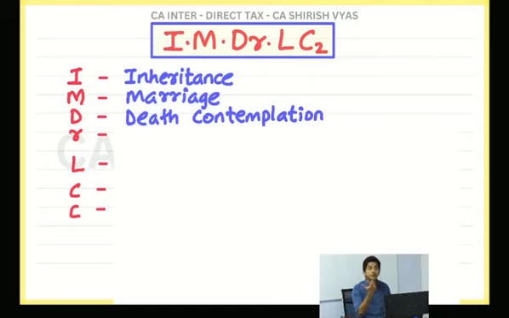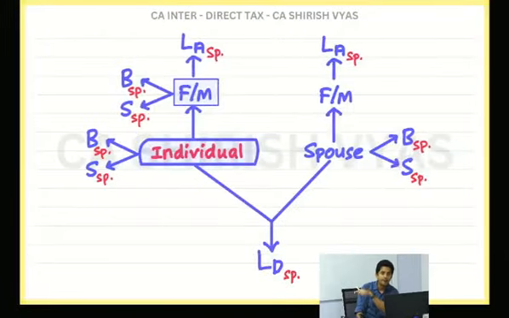But then relatives means what? That is a big theory again. What is relative? That is separately discussed. Look at the screen. In the next slide, you will find a family tree. Here, whoever you find, they are all my relatives. But I will take you to that chart later.